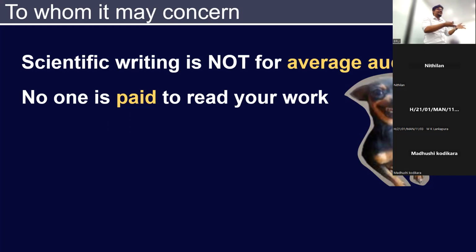So they have to read whatever you write. And in order to mark you, they have to even read the small things that you do, and get an idea and then give you some marks. But when it comes to a research paper, nobody is paying anybody to read it. So it's your duty to make it clear and also attractive to the readers.